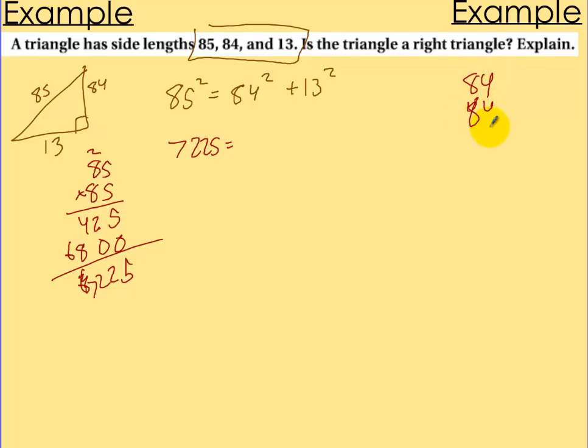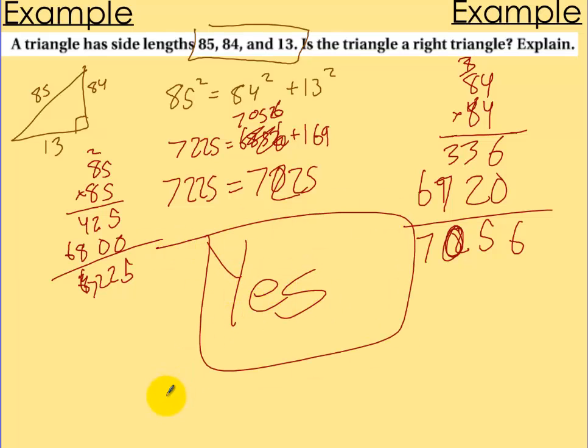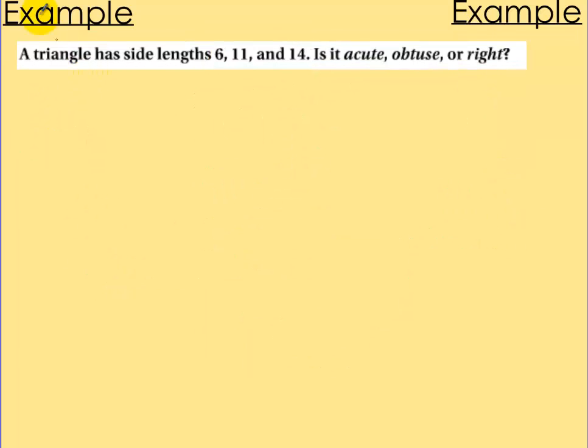So 84 times 84, 56 plus 169 is going to be, yeah, that's going to check out. So the answer is a right triangle? Yes, because the math checks out. You should probably use a calculator. Yeah. All right, next example.